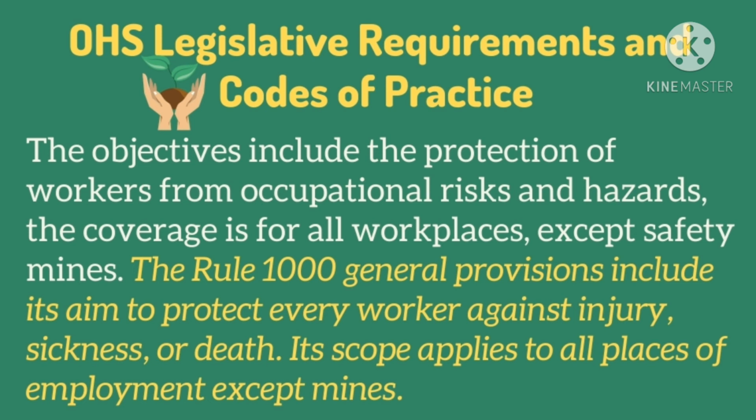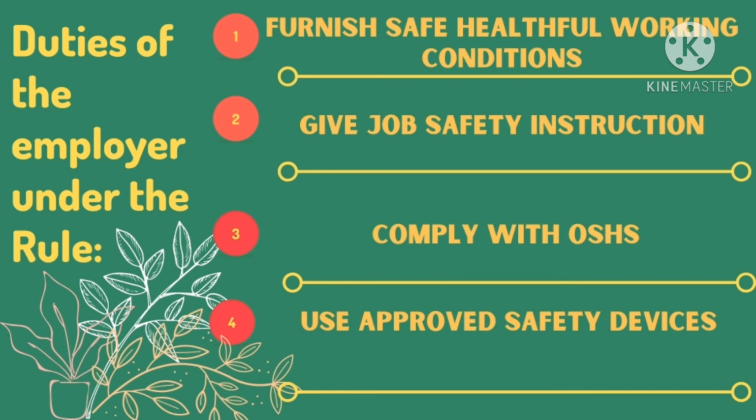The Rule 1000 general provisions include its aim to protect every worker against injury, sickness, or death. Its scope applies to all places of employment except mines. Under the rule, the duties of the employers are the following. First, furnish safe, healthful working conditions.